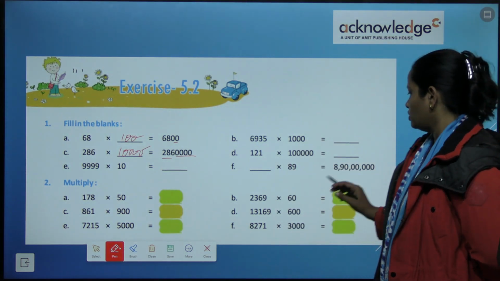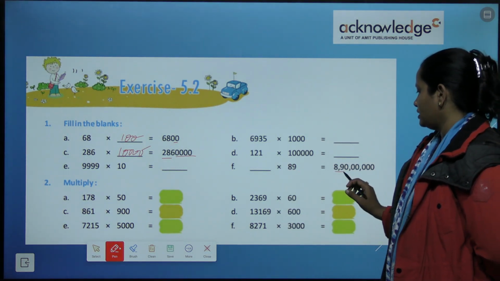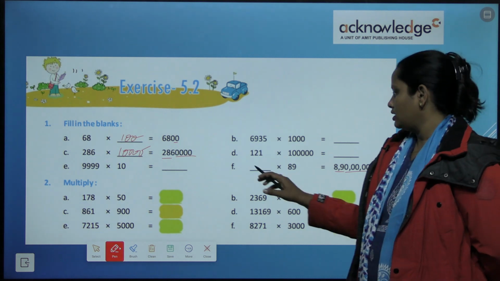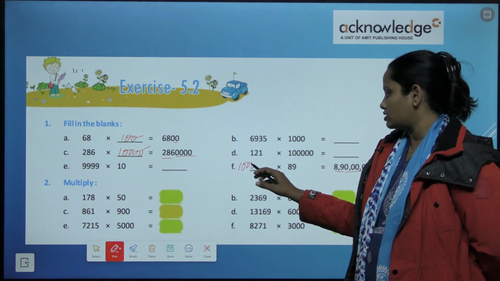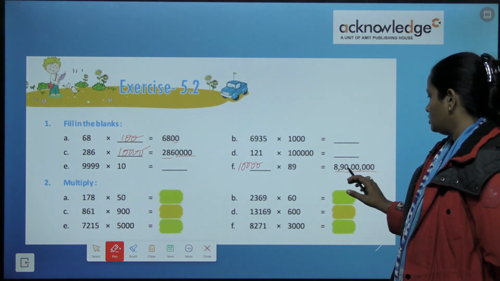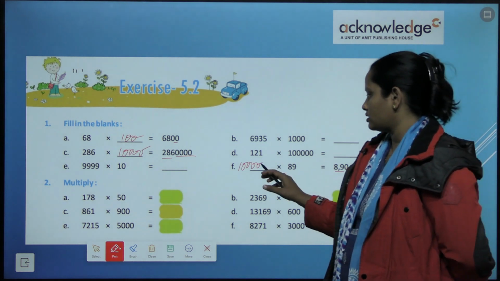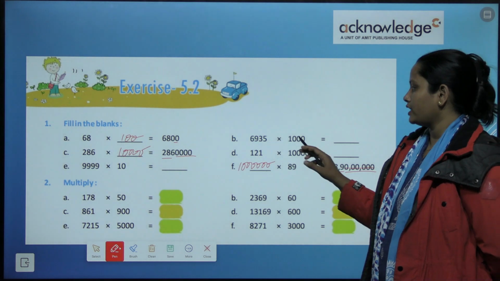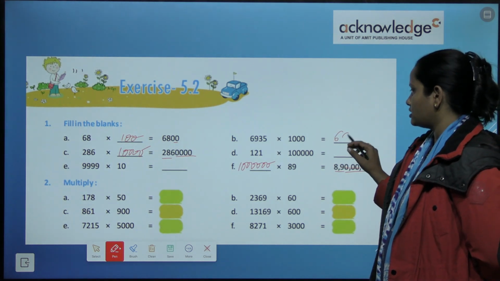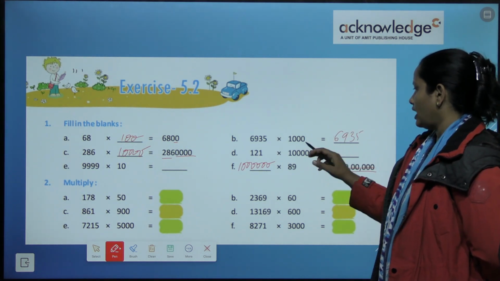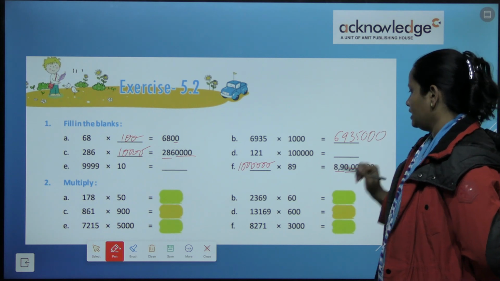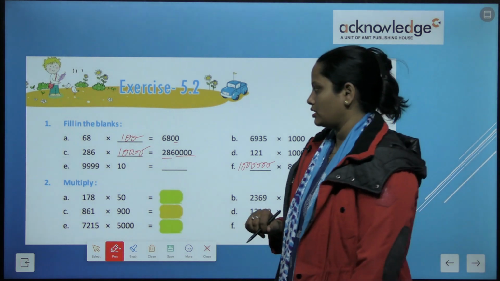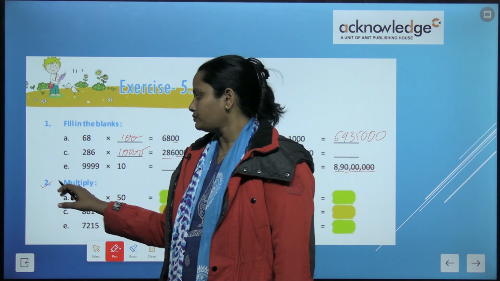In this also 89 and how many zeros, those many zeros we have to insert. 6 zeros are there. Now when we multiply this number with 1, we get 6935 and कितने जीरो है वो जीरो हम यहाँ पे insert कर देते हैं. I hope this is clear.